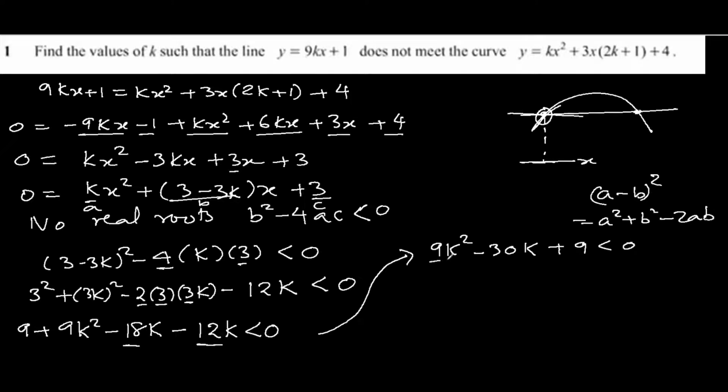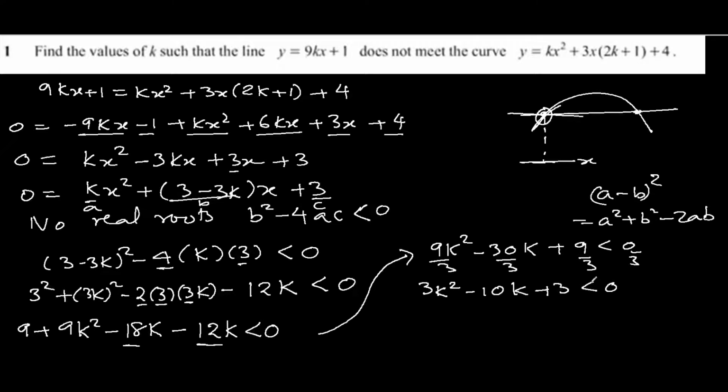They are too complicated. Let's divide all of them by 3 so that it becomes easier. We can do that, right? Each term divided by the same number. 3k square minus 10k plus 3 is less than 0.